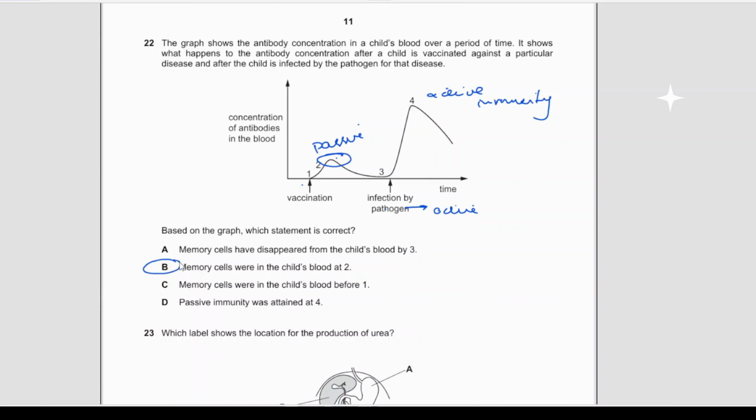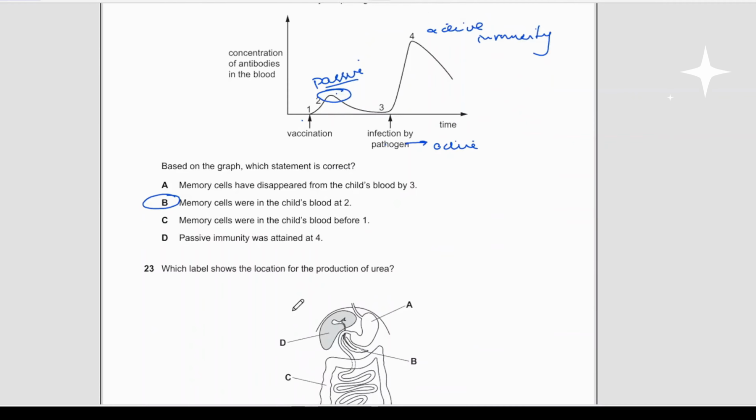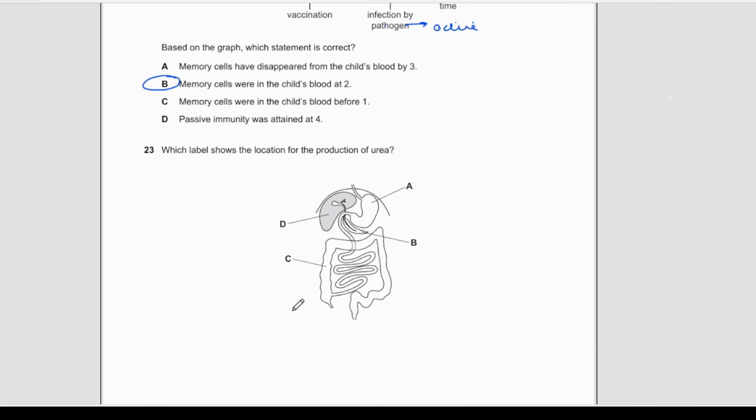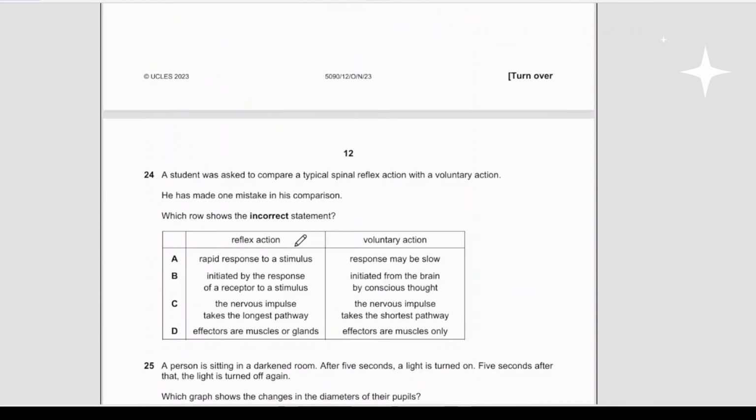Yes, they get produced when you are vaccinated with weak antigens, so this is not passive immunity, this is also active. Exactly. Okay, which label is correct? Which label shows the location of production of urea? Urea is produced in the liver. Exactly, and removed by the kidney.